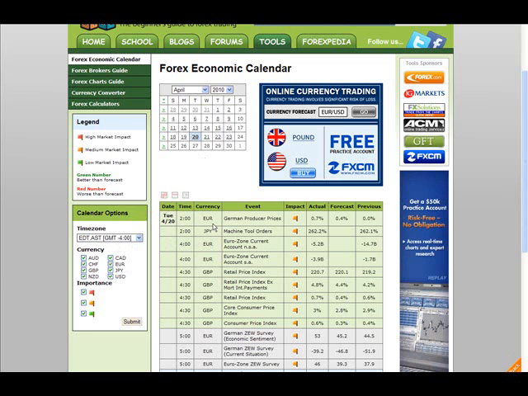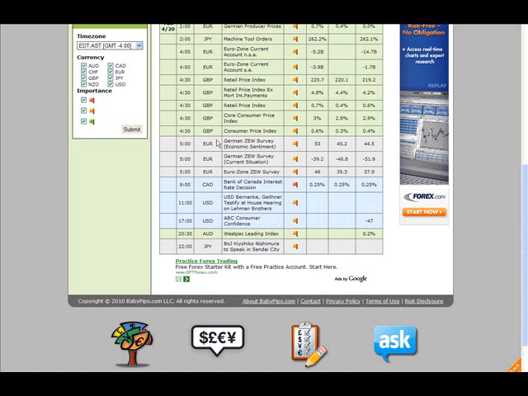All right, so now we're only looking for news that affects the sterling or the dollar, because that's the currency pair we're trading. So under this currency column, I'm looking for GBP or USD to see when those news events are coming out. If I go down this column, I'll see at 4:30 I have a whole bunch of reports for the UK. So I'm going to go ahead and jot that time out, which is 4:30. And if I move down, you can see that I don't have U.S. reports until 11.